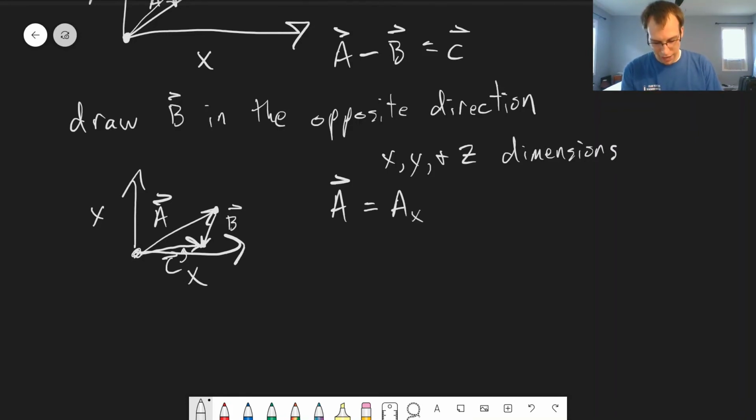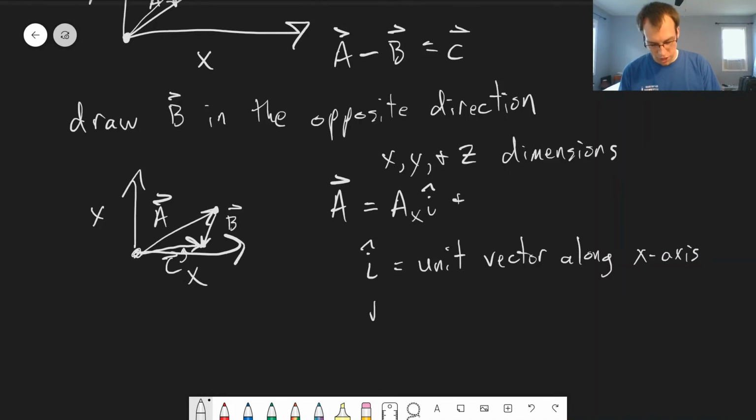So we can say there's the magnitude in the x direction times i here. i here is a unit vector, so a vector that's 1 unit of whatever units we're dealing with. It's a unit vector along the x-axis, and we'll have j and k. So these are just the letters that are traditionally used to represent these. j is along the y-axis, k is along the z-axis.